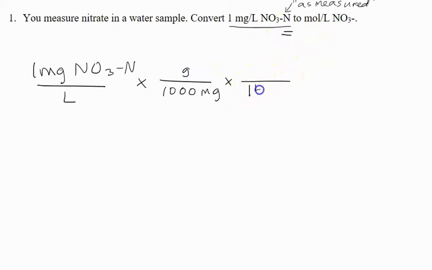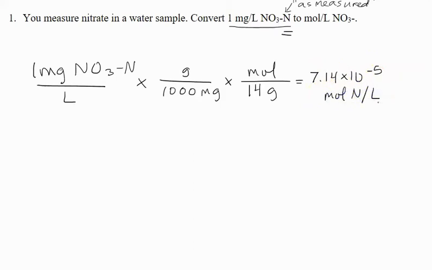So that's 14 grams of nitrogen per mole. And when we do this, we end up with 7.14 times 10 to the negative fifth moles of nitrogen per liter.